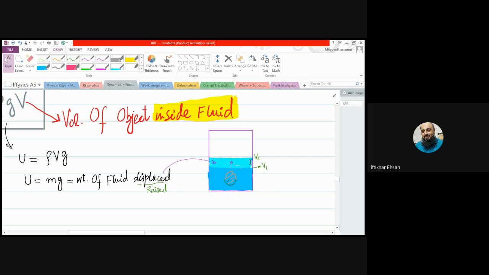One thing, beta: when you see a ship, mostly you see a big part of the ship outside the water, above the water.